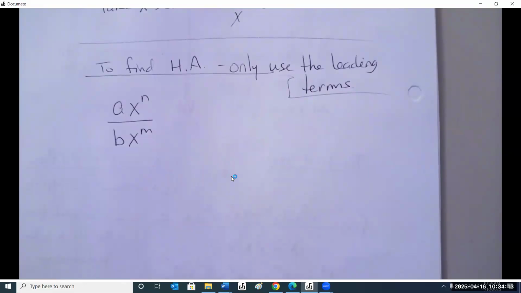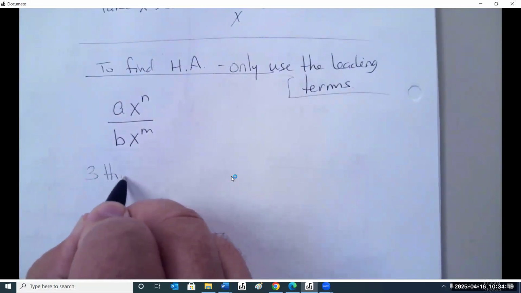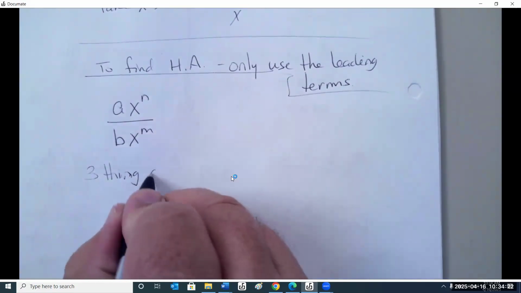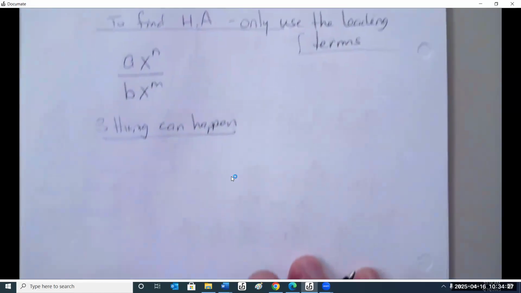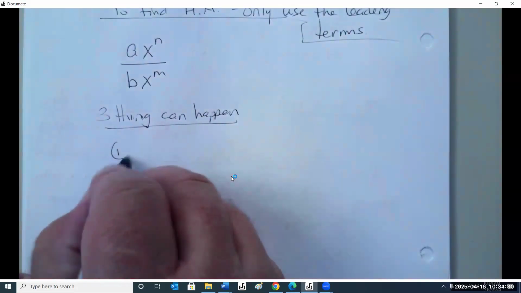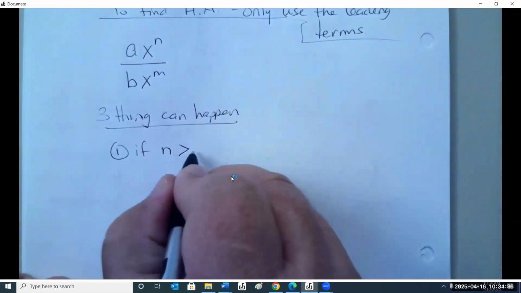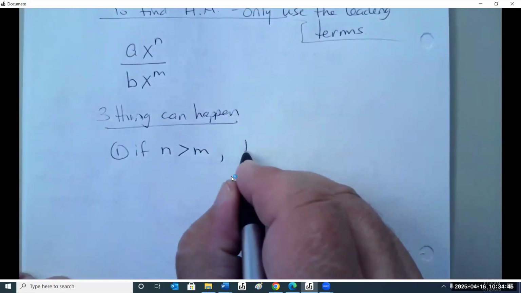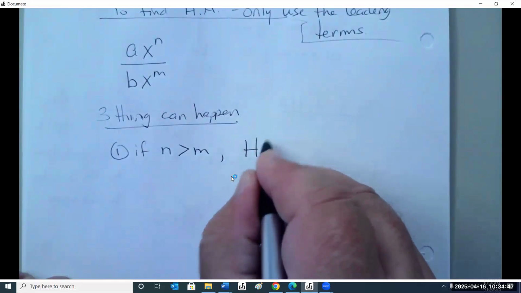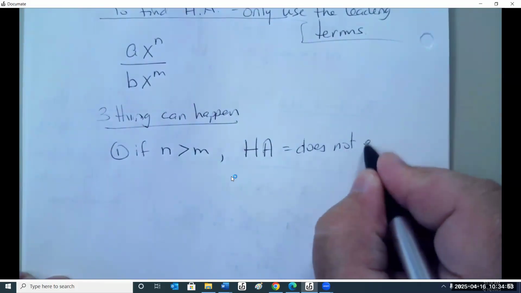Three things can happen. Okay, one. If the exponent on top is bigger than the exponent on the bottom, the horizontal asymptote does not exist.